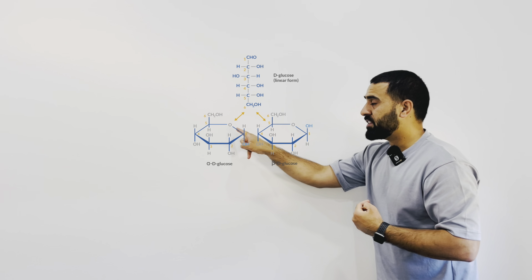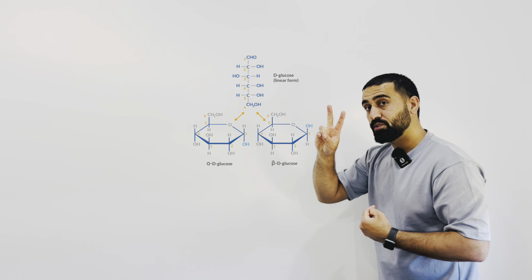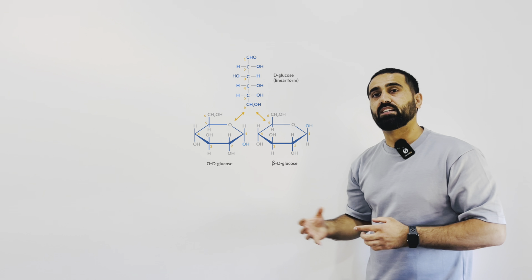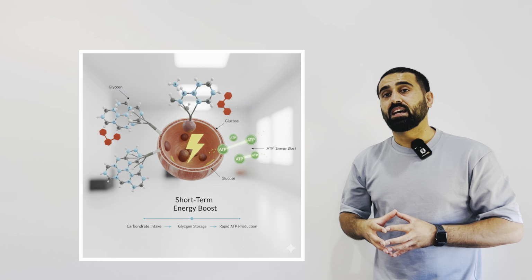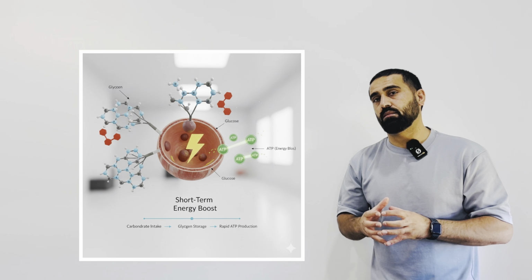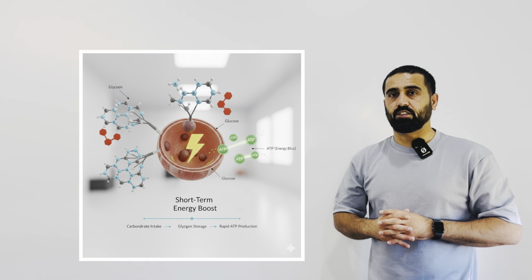When the OH and the hydrogen meet, H2, 2 hydrogen, water is released. Carbohydrates play a pivotal role in the survival of organisms as they provide short-term energy for all living things.